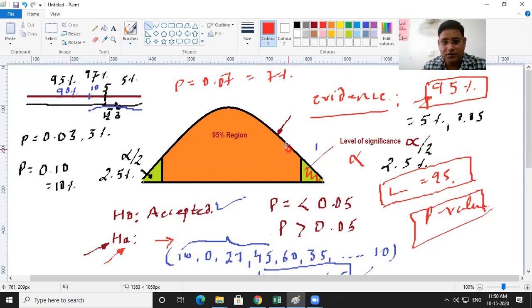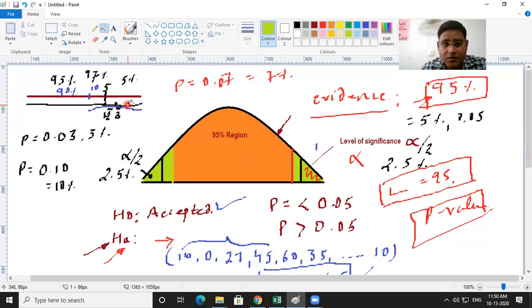Now see, this will happen. If my p-value is 7%, it means I have crossed the bar of 5%.